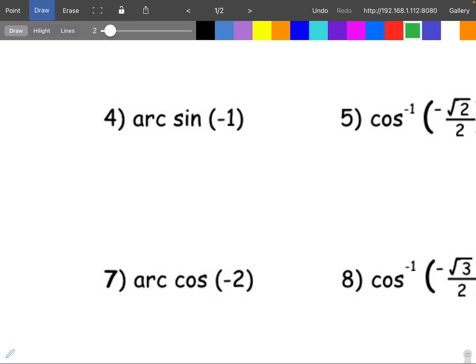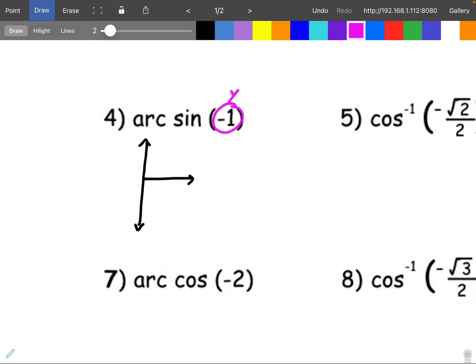So this is within our domain, just barely, but it is within our domain. Therefore, we want to go ahead and take a look at our two quadrants that arcsine or inverse sine can occur in. So we know that's quadrant 1 and 4.